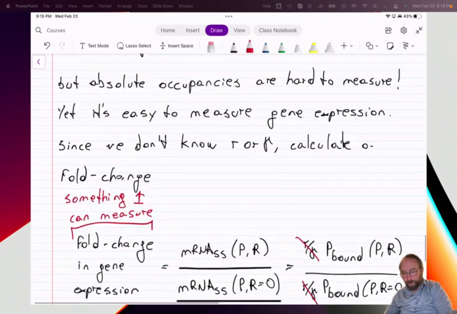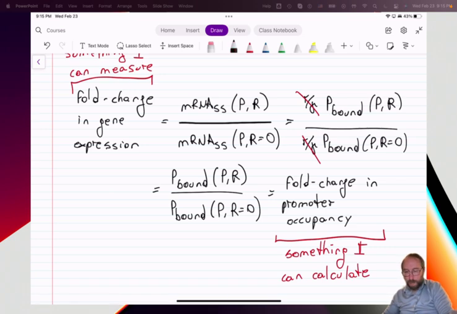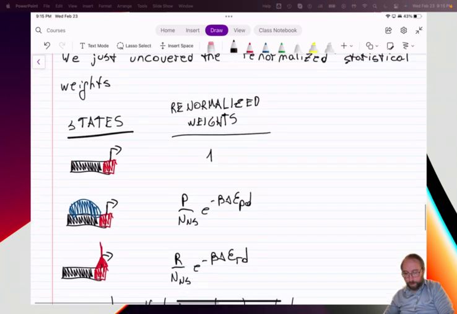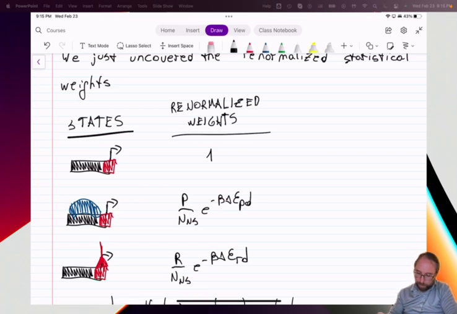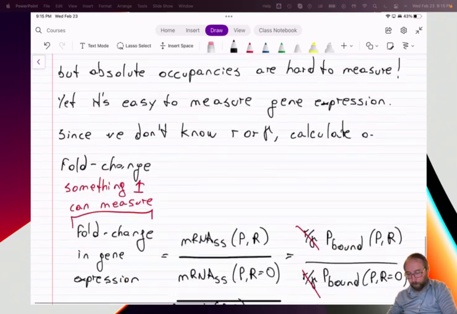Okay, so now let's actually calculate what this looks like. I'm going to define some abbreviations here, just because I don't want to be writing that much. In shorthand, I'm going to say this is 1, this is little p, and this is little r. Why do I say that?